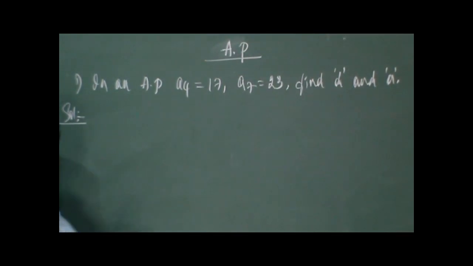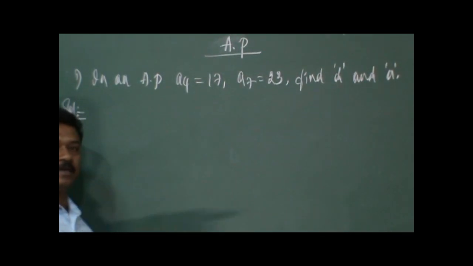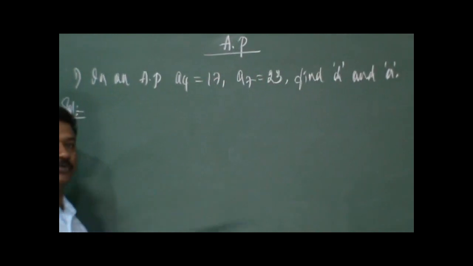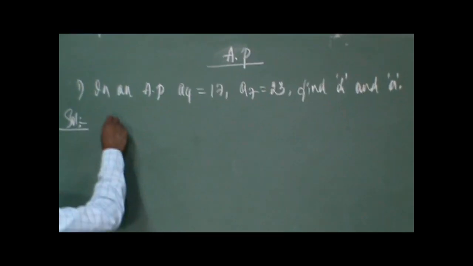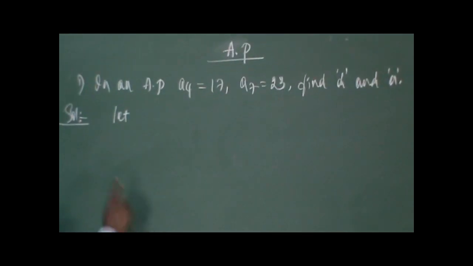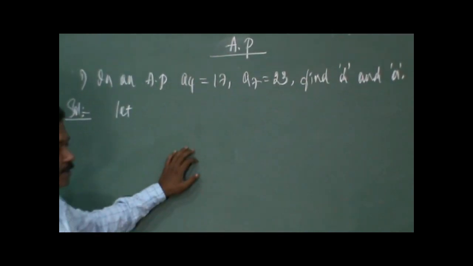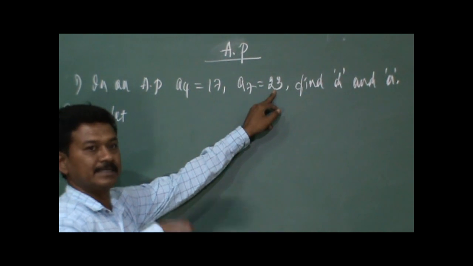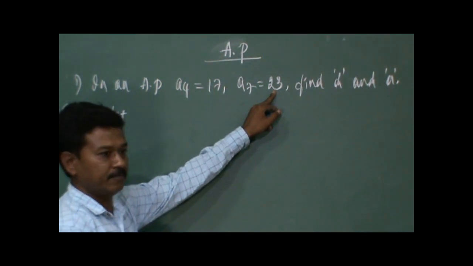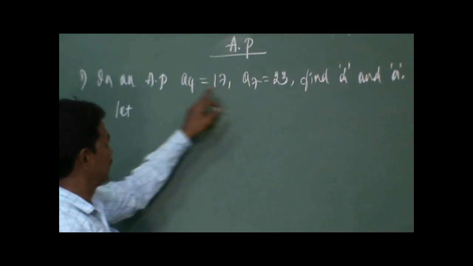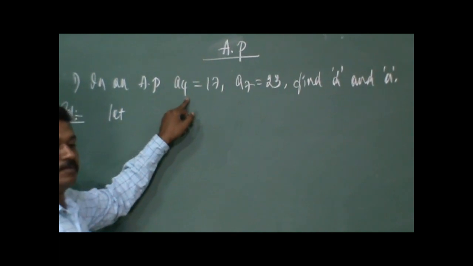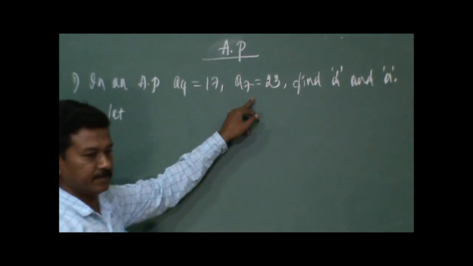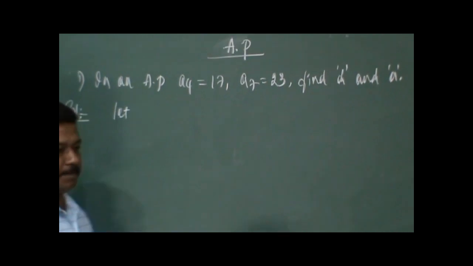Don't forget that AP is greater than AQ, where P is greater than Q. You have to remember this. Which is the bigger term in the AP? Don't look at the value of the terms, look at the term number. Here it is A7 and here it is A4. Which is bigger? It is A7. So consider that as AP.